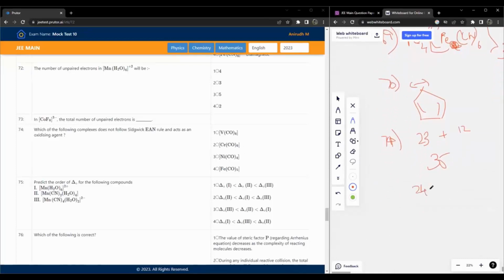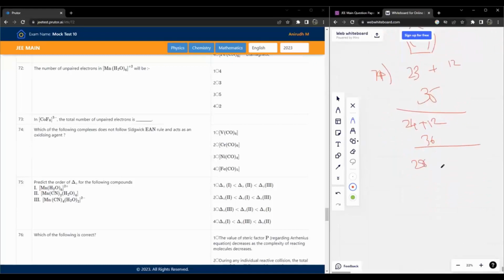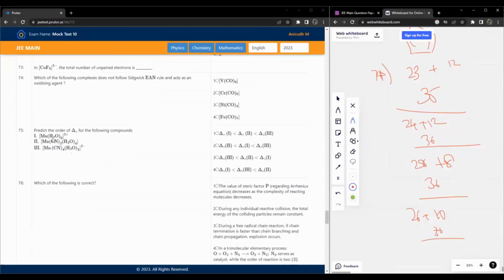Cr(CO)6 is 24 plus 12, that's 36, right? Ni(CO)4 is basically 28 plus 8, that is again 36. And Fe(CO)5 is 26 plus 10, that's 36, right? The only one that does not follow Sidgwick EAN is V(CO)6, so 1 is the answer.